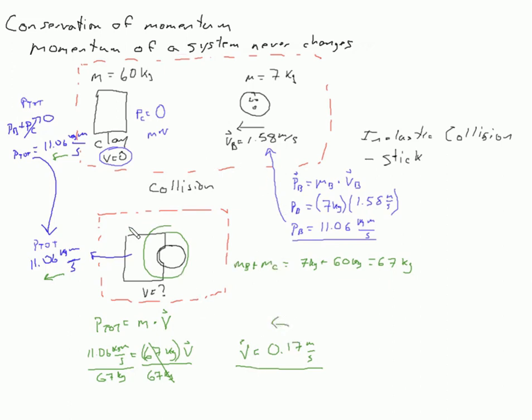The velocity of the combination of these two is actually less than it was for just the bowling ball itself. In order for the momentum to be conserved, since there was more mass in this one single object, the velocity had to be less so that you still end up with the exact same momentum. Remember, momentum has both mass and velocity components. So if we change one, like we changed the mass here, then the velocity has to change accordingly. So again, the momentum was conserved, and this was just an example of an inelastic collision where the objects stick together.